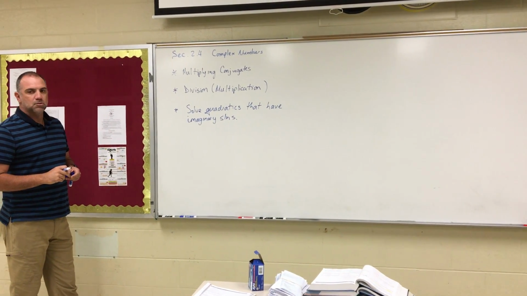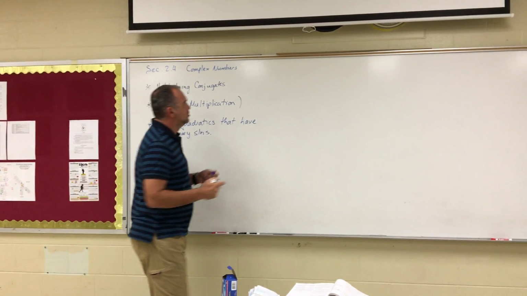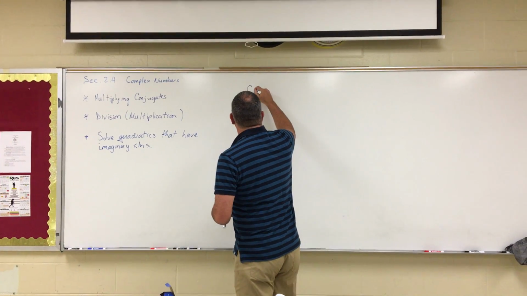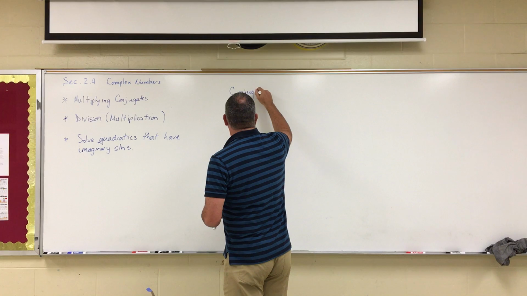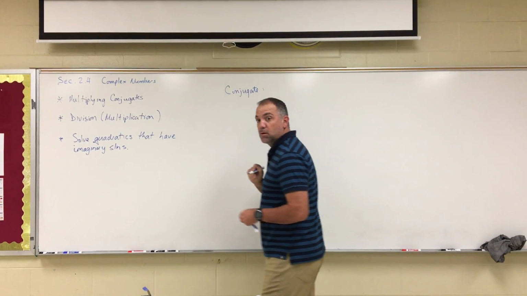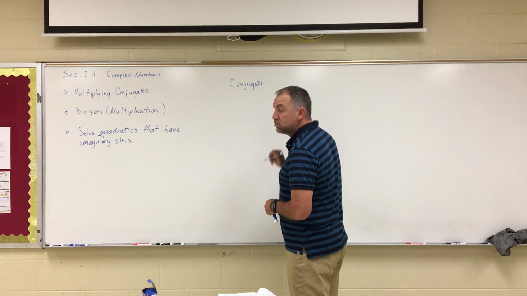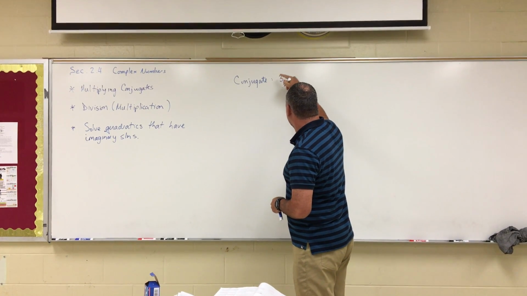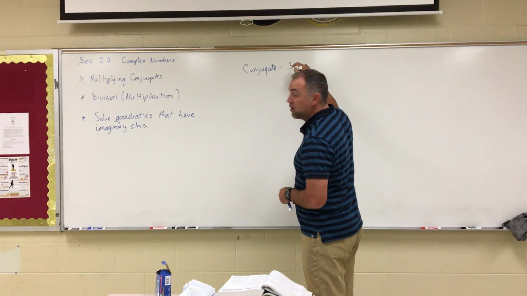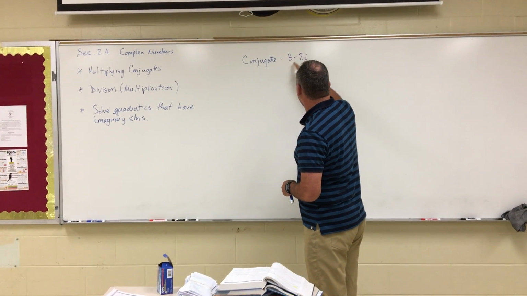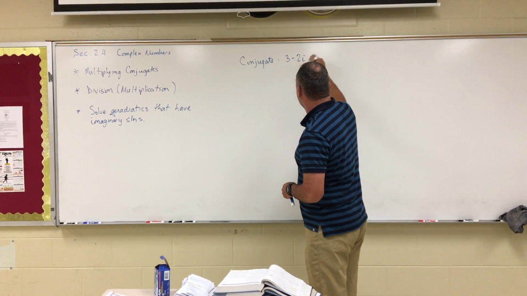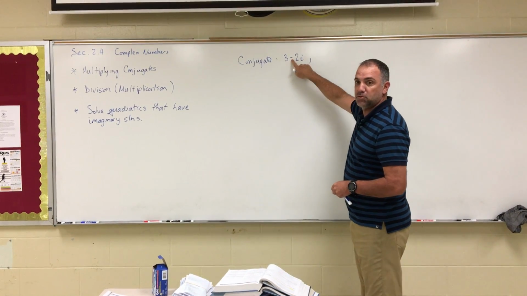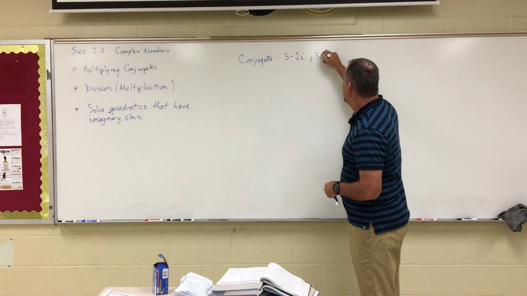All right. So first thing, conjugates. So what's a conjugate? Isn't that like A plus Bi or something? Yes, well, that's a complex number, but if I give you 3 minus 2i, the conjugate of 3 minus 2i is, if you change the middle sign, 3 plus 2i.